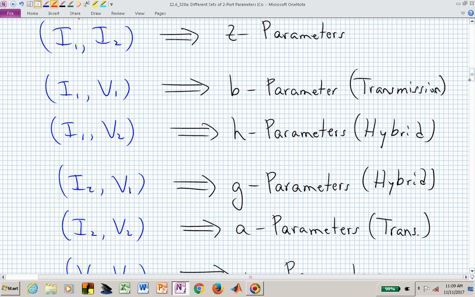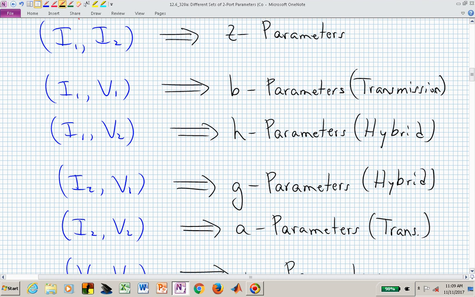The first one, with the I's being independent, could be labeled as Z parameters. That's essentially Ohm's law. I1 and V1, those in the textbook that we're using are called B parameters, and those you could think of as somewhat like a transmission set. We are worried about I1 and V1, and then we ask what's dependent on that? It's I2 and V2. So we're transmitting information from port 1 to port 2.